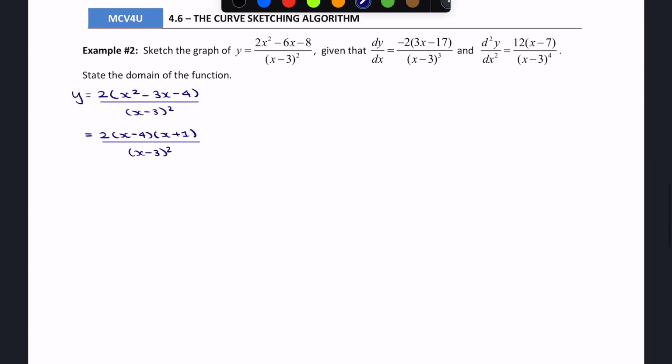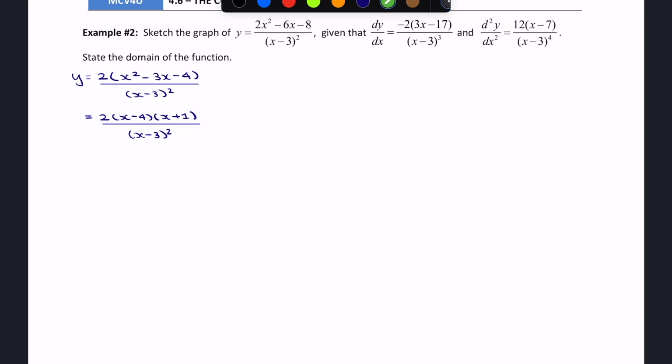And so there's a couple of pieces of information that we can take from this original function. You can see that we have a vertical asymptote at x is equal to 3. We have a horizontal asymptote y is equal to 2.